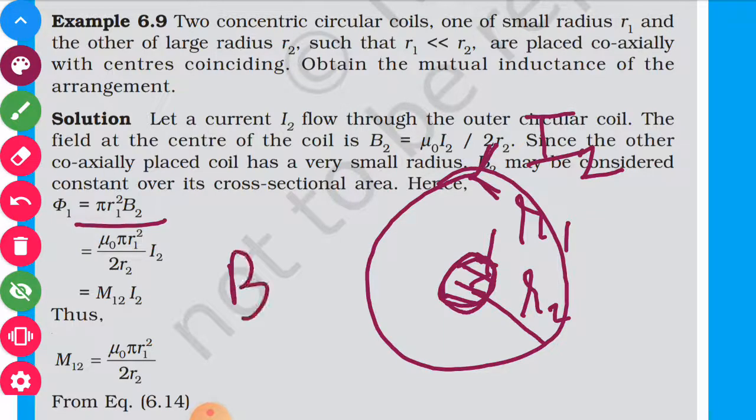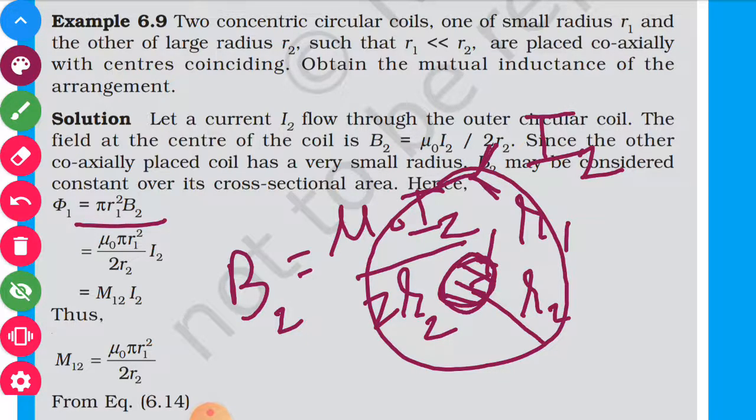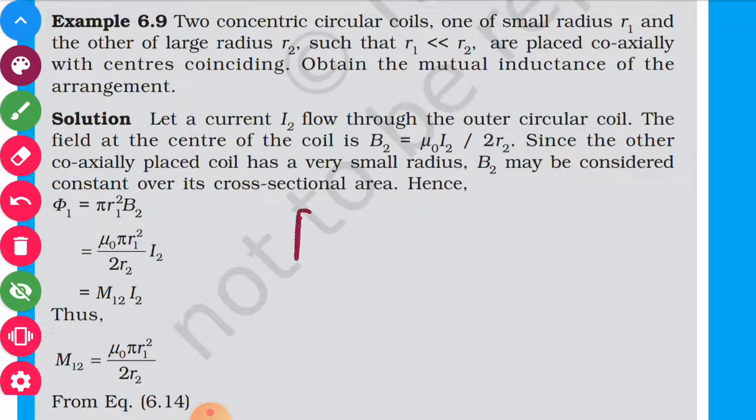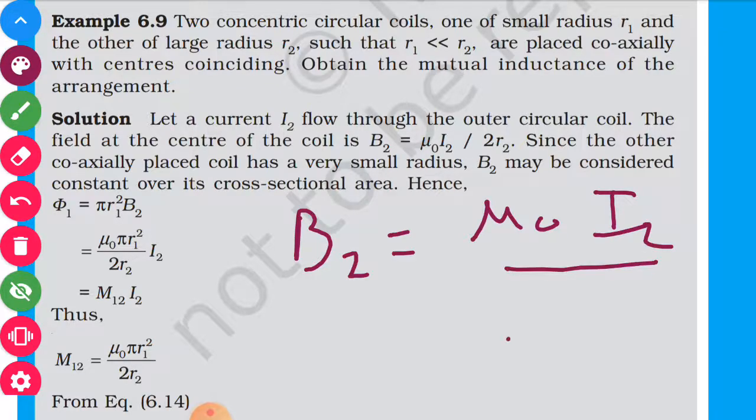Magnetic field of the second is mu 0 I2 upon 2 R2. So if you substitute that value instead of B2 and keep pi R1 square, this will be mu 0 pi R1 square I2 upon 2 R2.